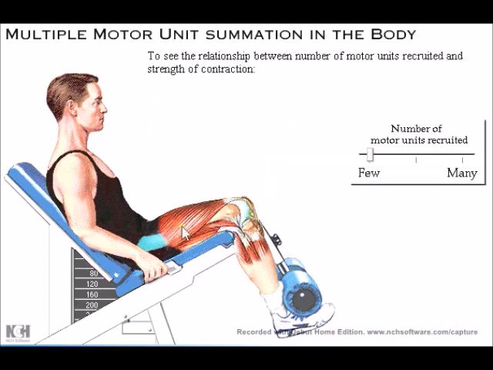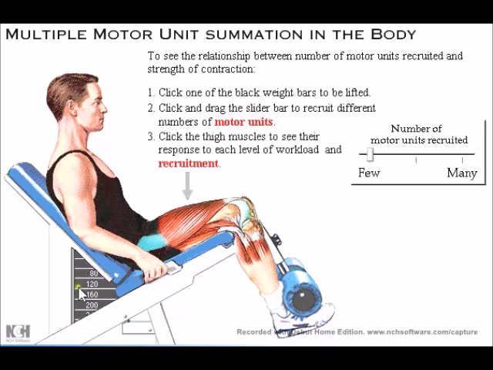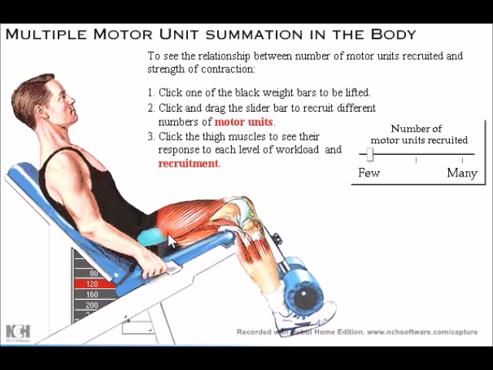To see the relationship between number of motor units recruited and strength of contraction, first, click one of the black weight bars to be lifted. Next, click and drag the slider bar to recruit different numbers of motor units. Then, click the thigh muscles to see their response to each level of work.